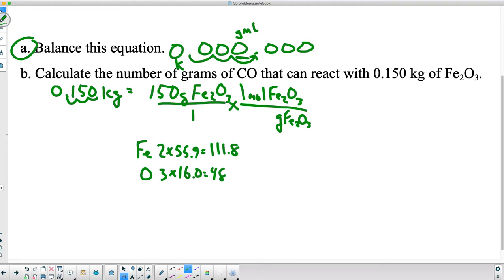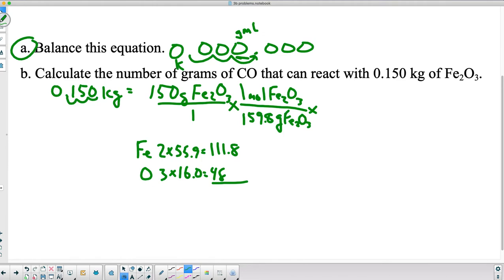No, I think I just made that up. I think that's pretty close, actually. So 55.9 times 2, 111.8. So, moving on, I add them up, plus 48 equals 159.8 grams. Now that's just to go 2 moles.